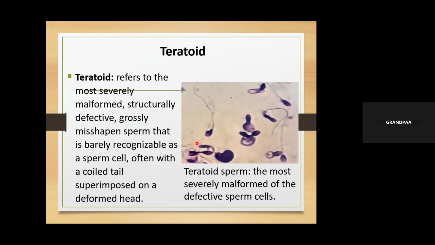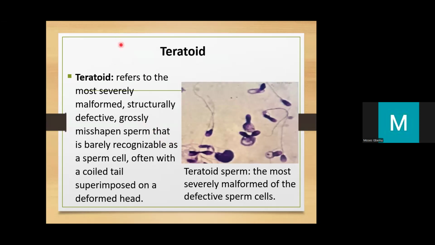Then we have a complex structure called teratoid. Remember, we said abnormal forms of sperms. What terminology do you use for abnormally shaped sperms, or sperms with abnormal morphology?